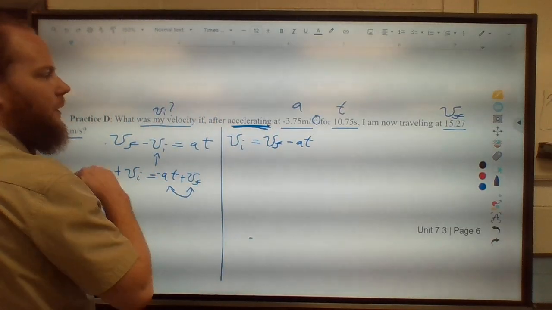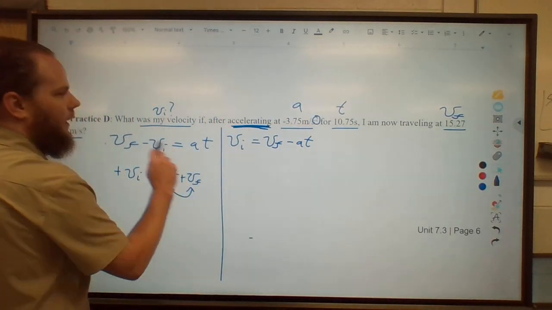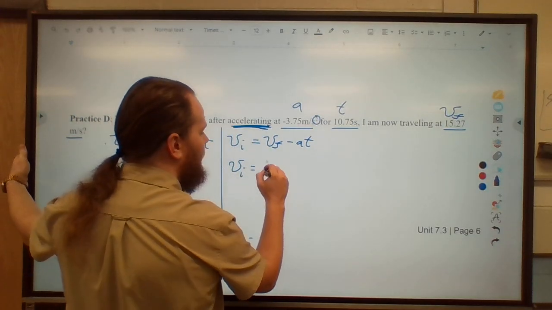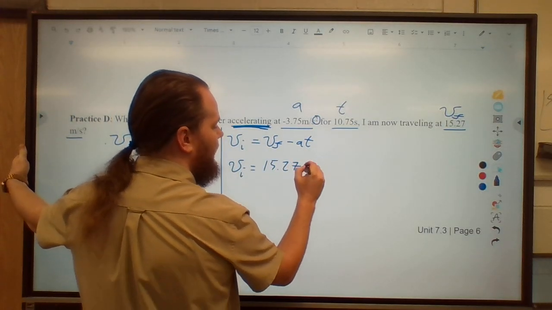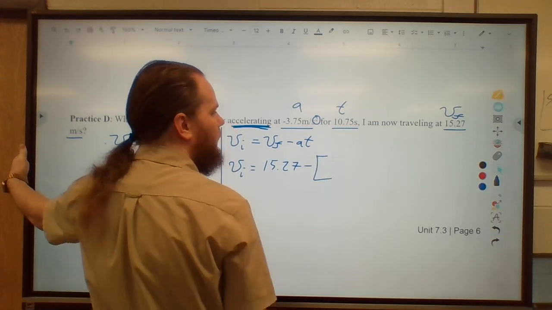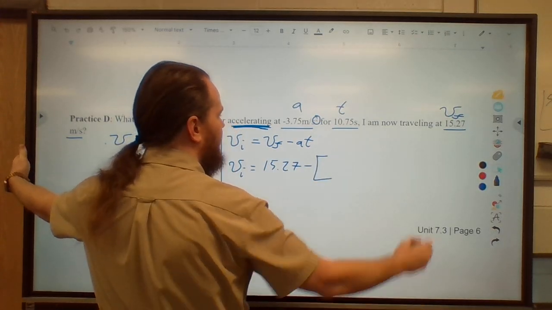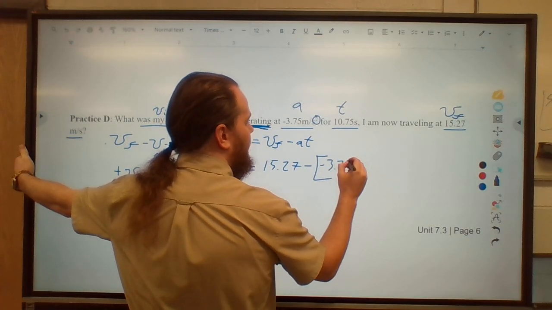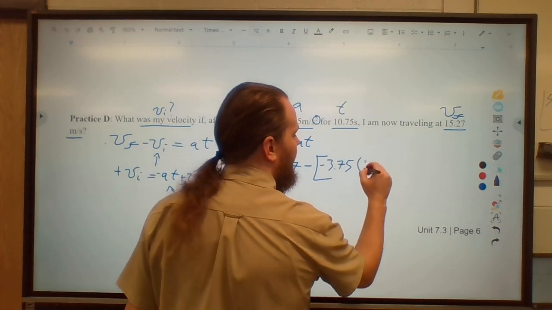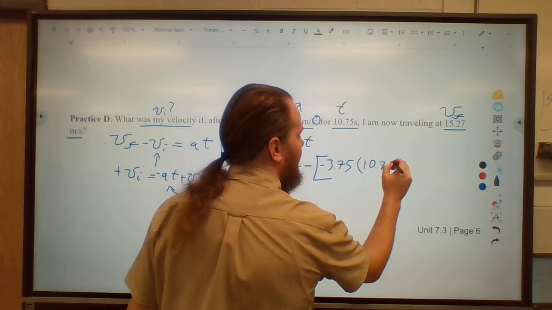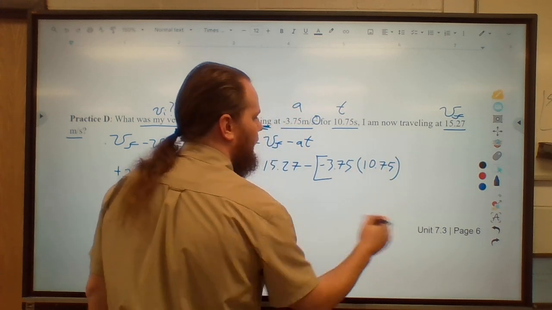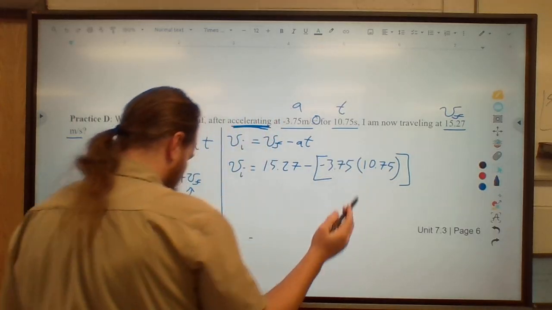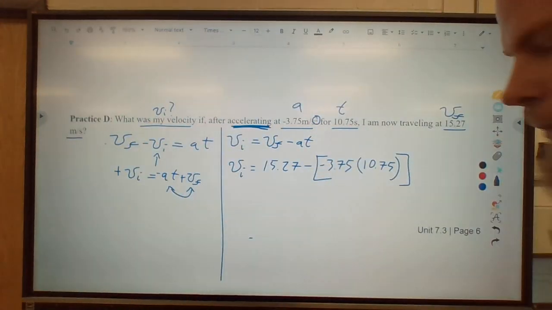So now we can plug in our numbers. So VI is equal to 15.27 minus, we need to do this multiplication first, so I'm going to put parentheses, negative 3.75 times 10.75. I'm going to use a calculator for that.